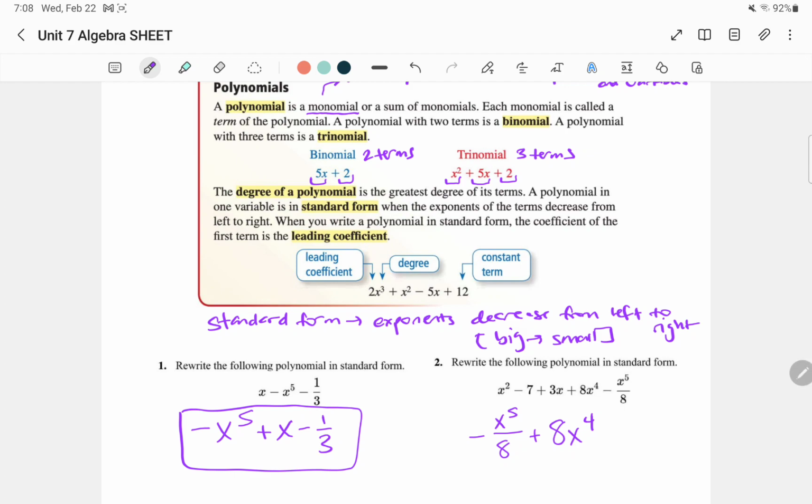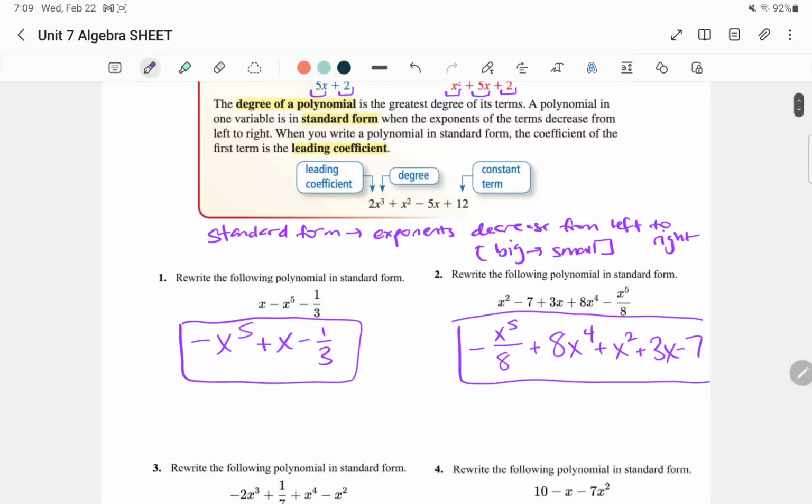So I have 5, I have 4. My next biggest one would be 2. So that's positive, so plus x squared. My next largest one would be that invisible 1 there, so plus 3x. And then last but not least, I have my constant. A constant is just a number. So I have minus 7. And then I'm done with that one.